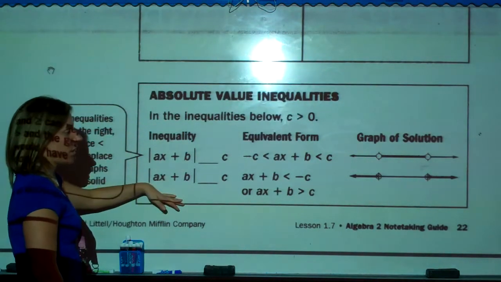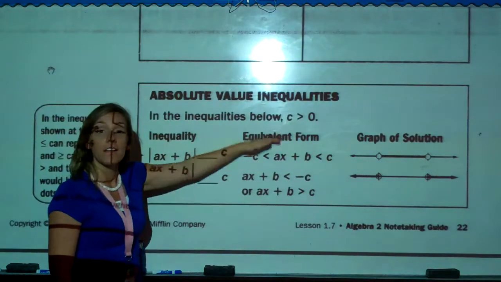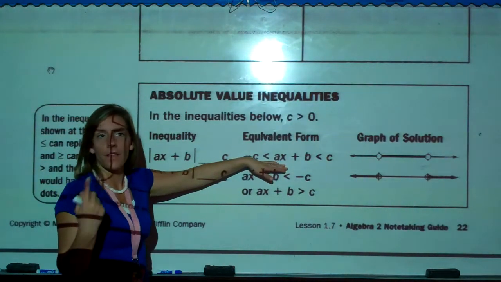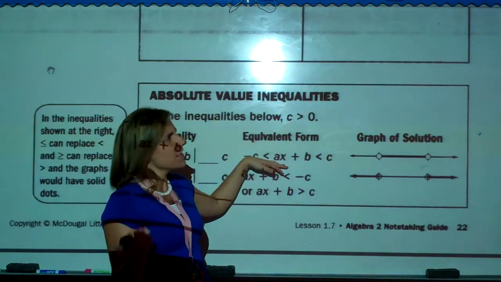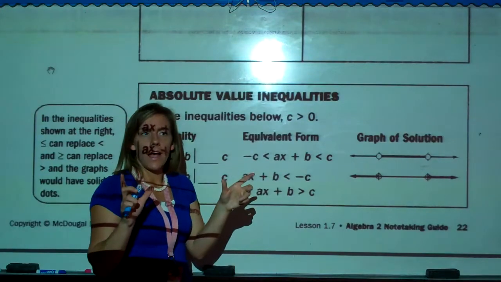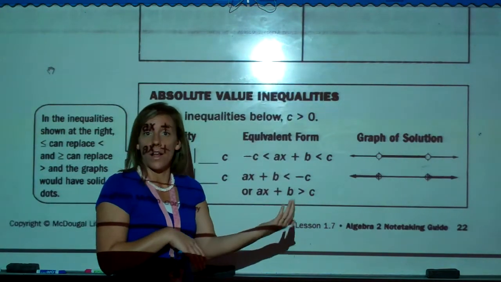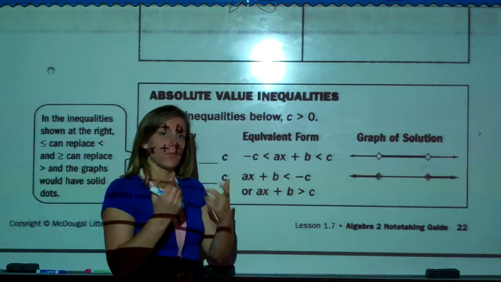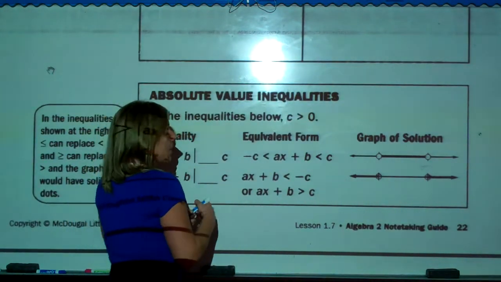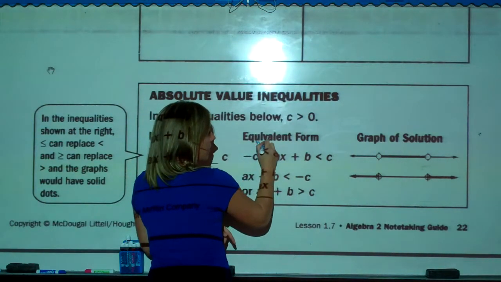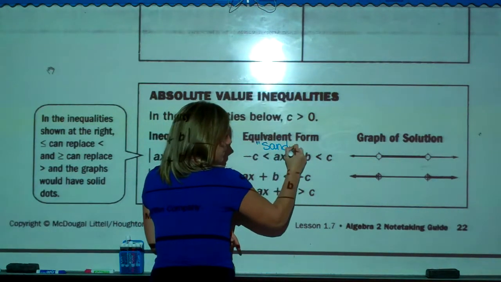If you're given a certain type of inequality, then you can write it in 2 different forms. I call this the sandwich form. I guess it was last lesson, we talked about how you've got AND and OR, and the word AND, you can make a sandwich out of it because it has the word AND in it, okay? Because you've got 2 ends and then you've got the middle. So this is what I would call the sandwich.